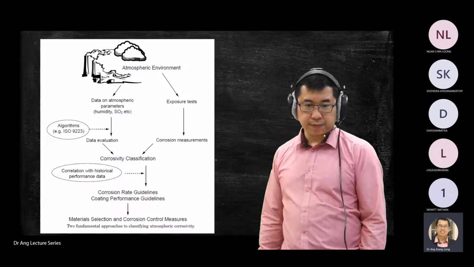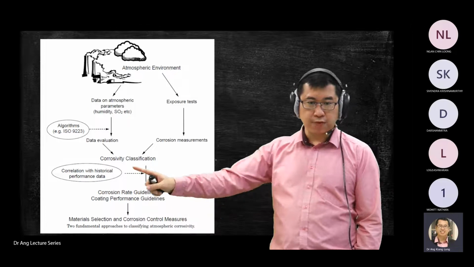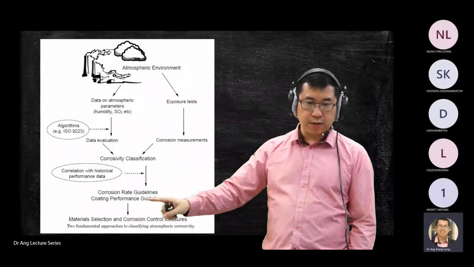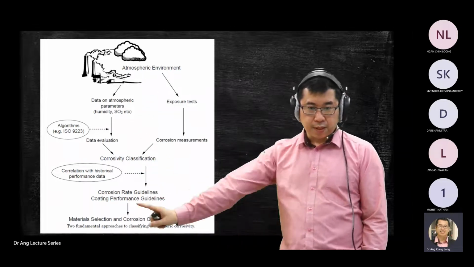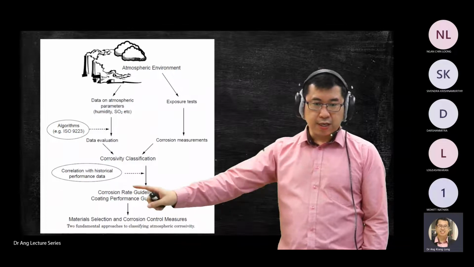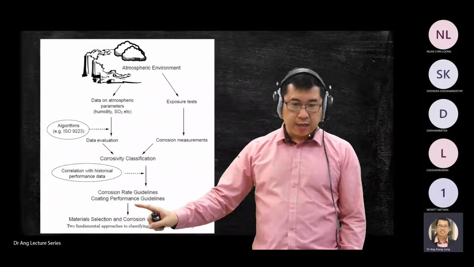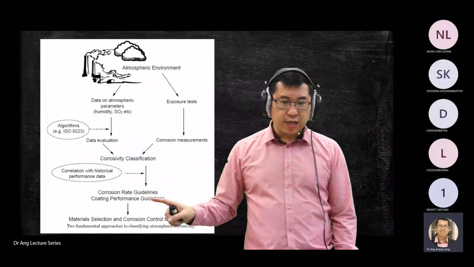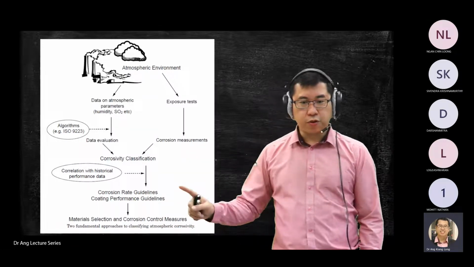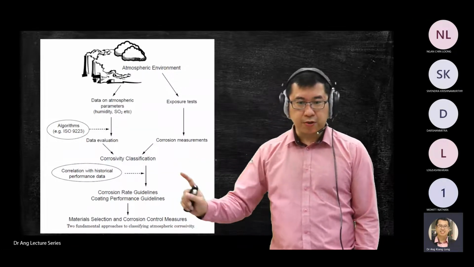Okay, then you come up with a solution to solve the corrosion. Okay, it's a corrosion rate. So how to calculate the corrosion rate? When you want to do coating, want to do protection from corrosion, then you propose based on your data.